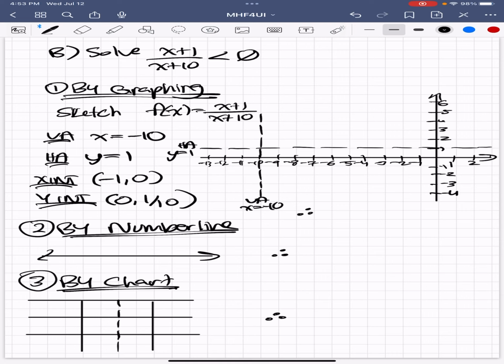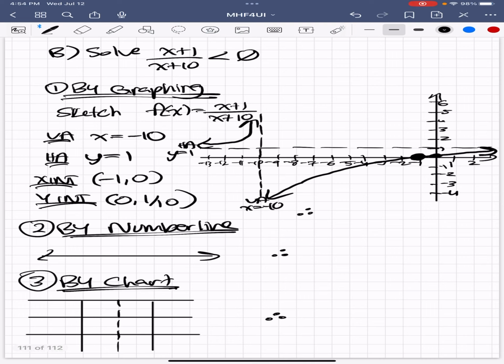So it's line over line. So we graphed it here. So it's solve x plus 1 over x plus 10 less than 0.